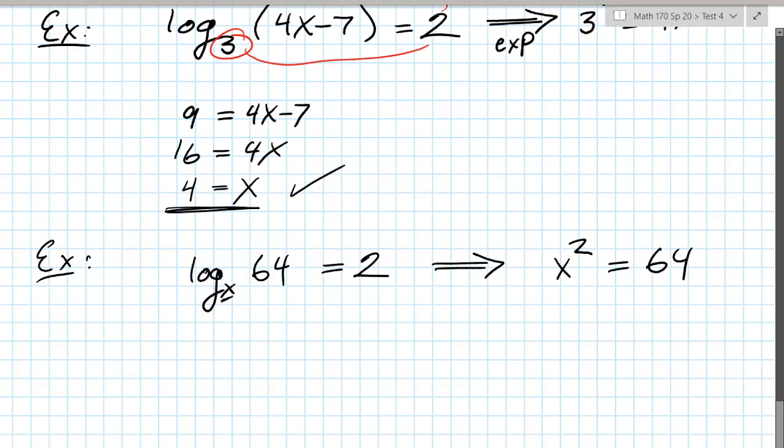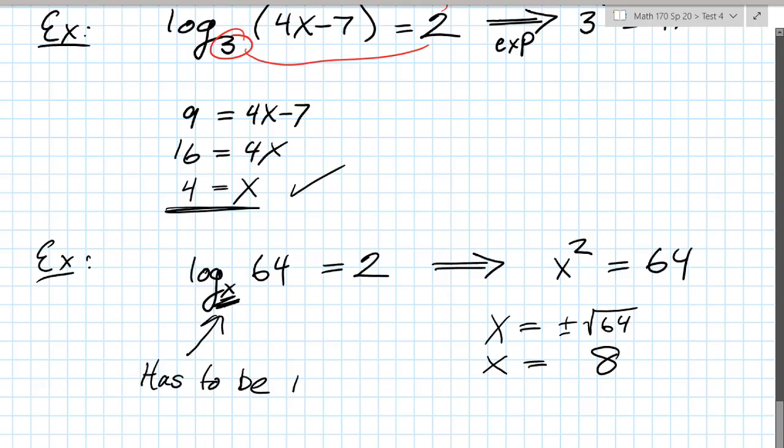At this point, we can take the square root of both sides. Normally we'd have to do a plus or minus square root of 64, and that would give us plus or minus 8. However, the base of the logarithm has to be positive, so we can only use the positive part. x is equal to 8.